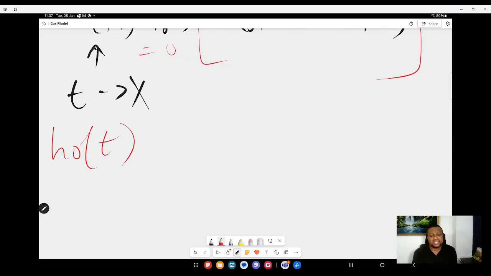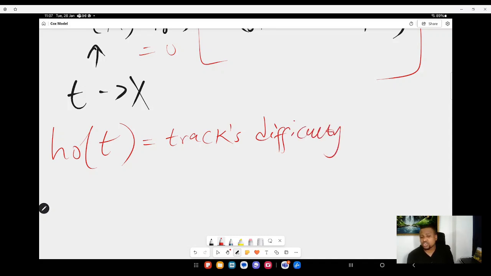We're going to look at the baseline hazard, and let's say it's the track's difficulty. Everyone is running on the track, so it's the same for everyone. But for example, if the track is rough, this will be small, meaning the chances of finishing the race at any moment are low.